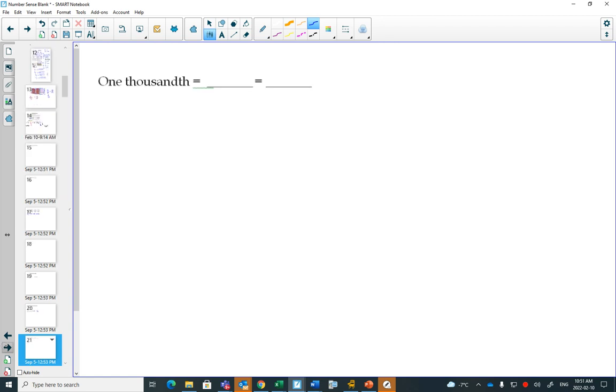Same thing for 1,000th as a fraction. That's 0.001 as a decimal. I would have the 1 in the thousandth spot. And now we can change any decimal to a fraction, and sometimes changing fractions to a decimal is a little bit harder.